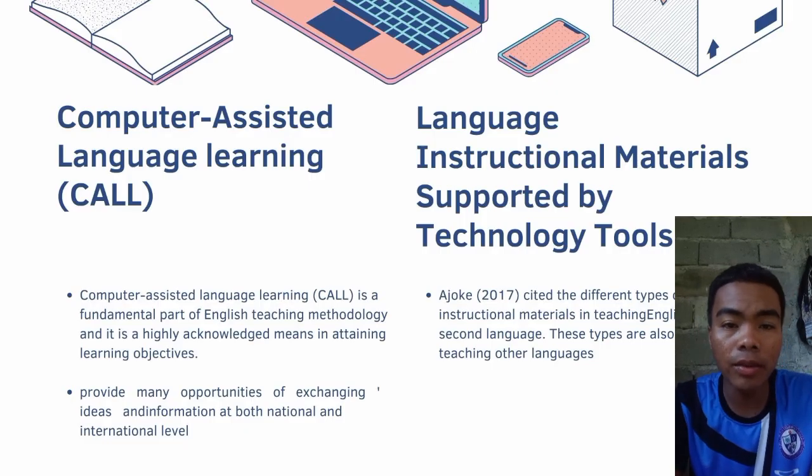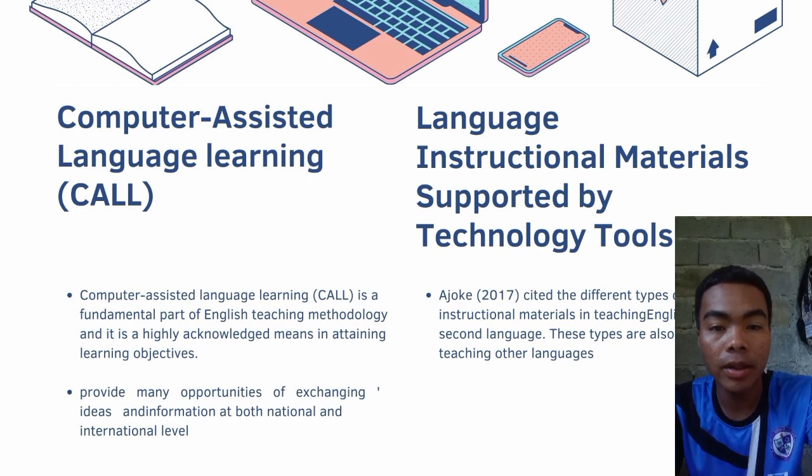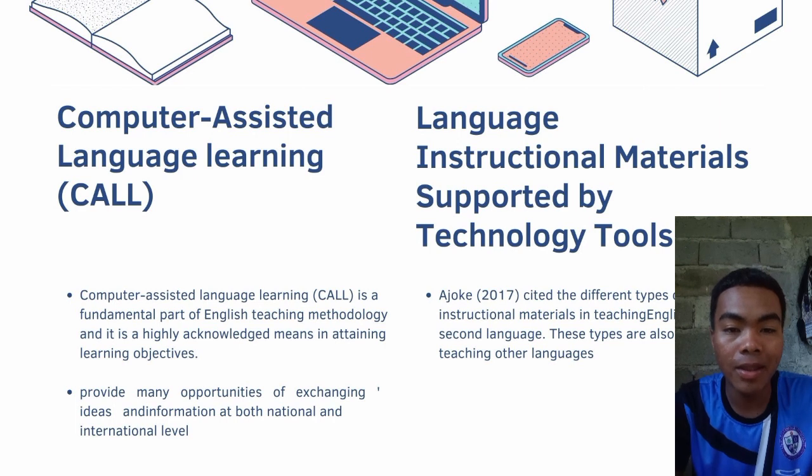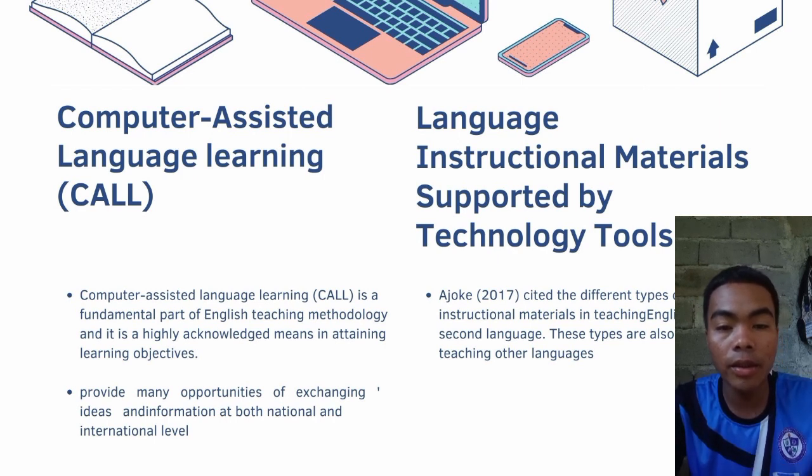Computer assisted language learning or CAL, it is a fundamental part of English teaching methodology and is highly acknowledged means in attaining learning objectives. Computers provide many opportunities of exchanging ideas and information at both national and international level.